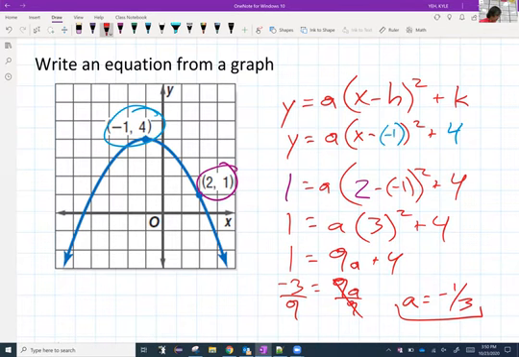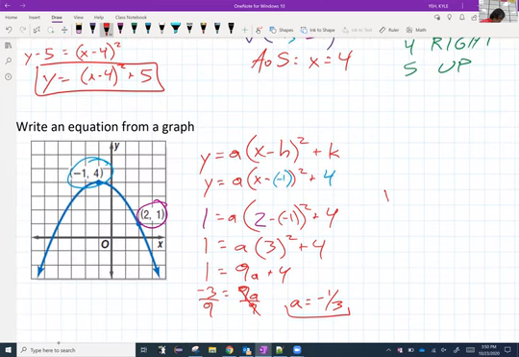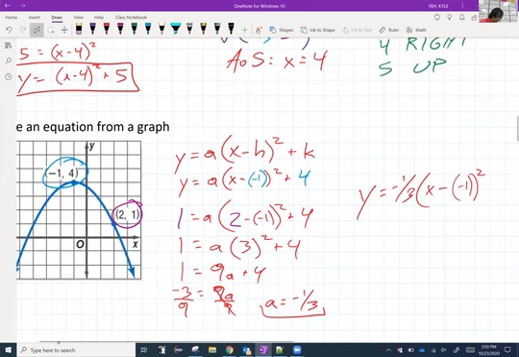So we were saying that all we had to do was find h, k, and a, and it looks like we've done that now. y equals a was -1/3, x minus my h value, which was -1, squared plus k, and the k value we found from the vertex was 4.